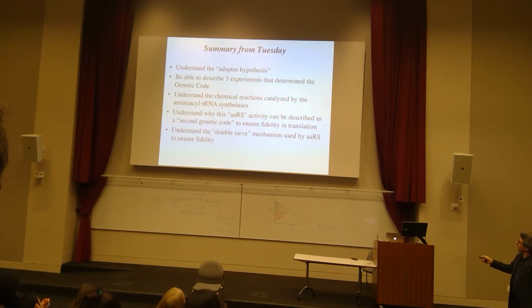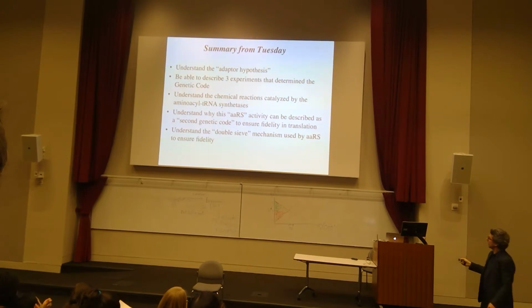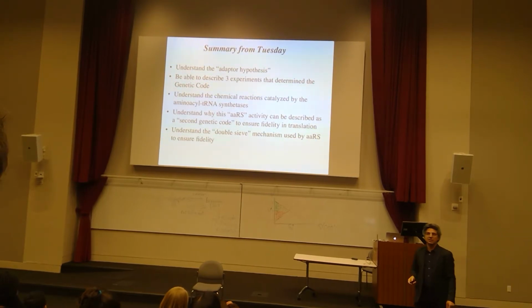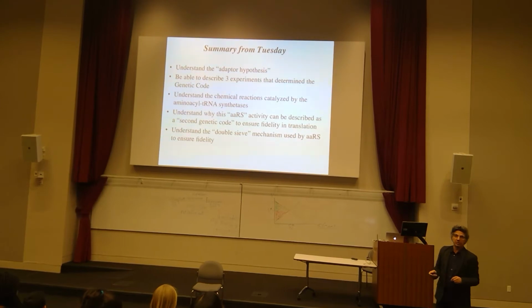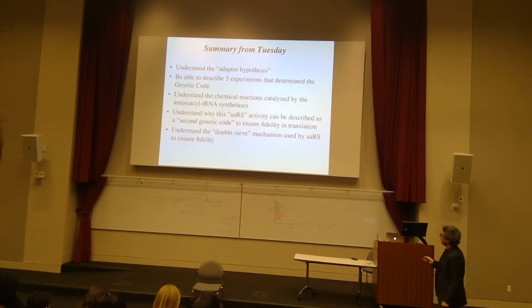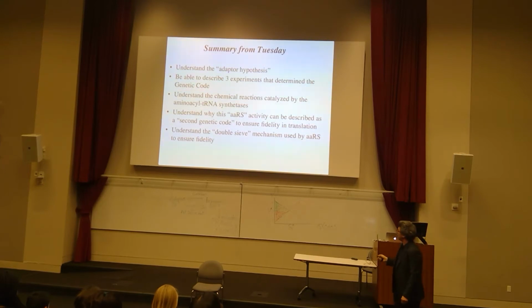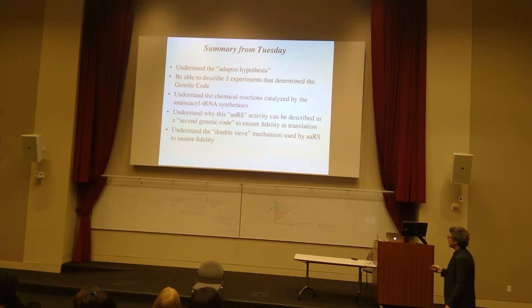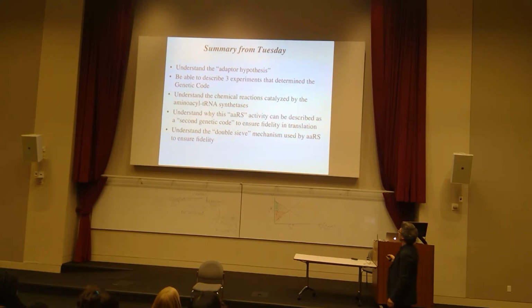We understand the 2 chemical reactions that are catalyzed by the amino-acyl tRNA synthetases, and I will review this for you in just a moment. We also understand why the activities of these amino-acyl tRNA synthetases are sometimes described as a second genetic code, and we can understand that the amino-acyl tRNA synthetases are really the guardian of fidelity in the translation.